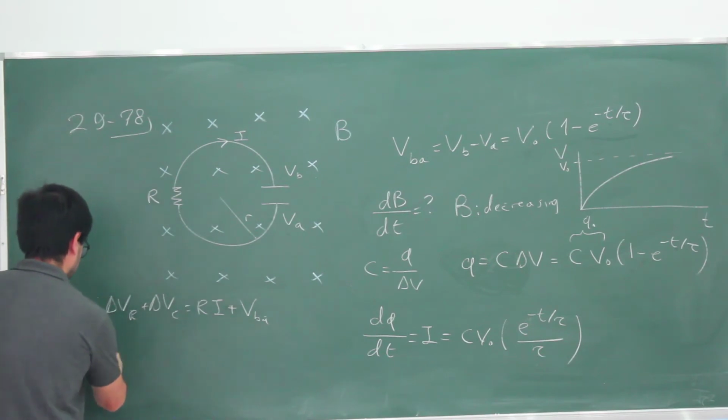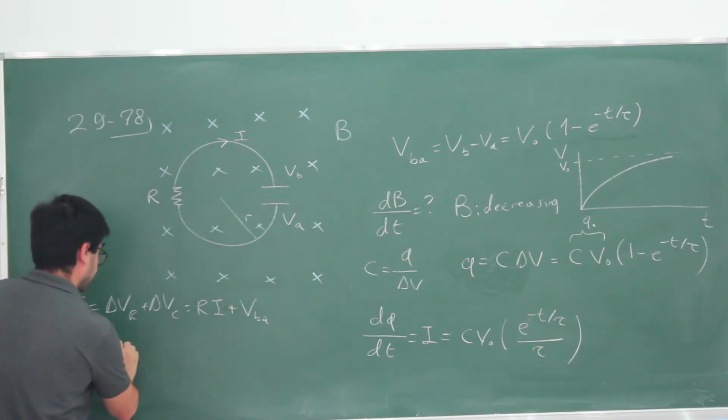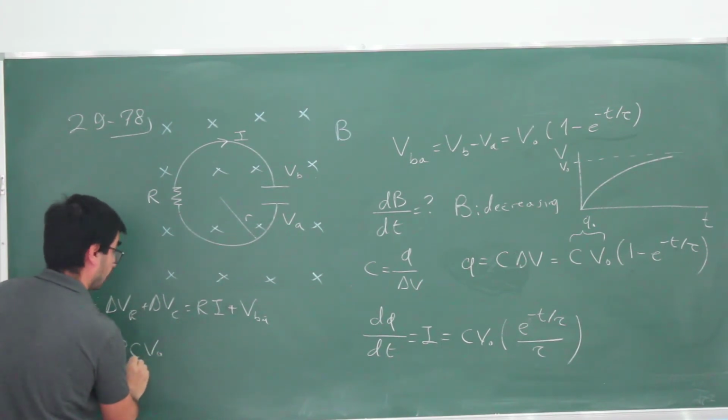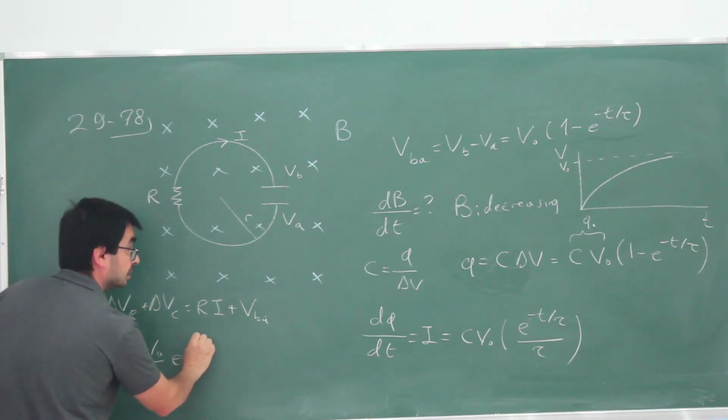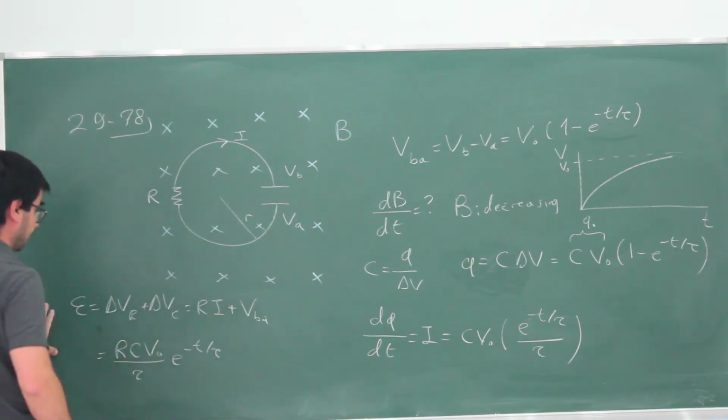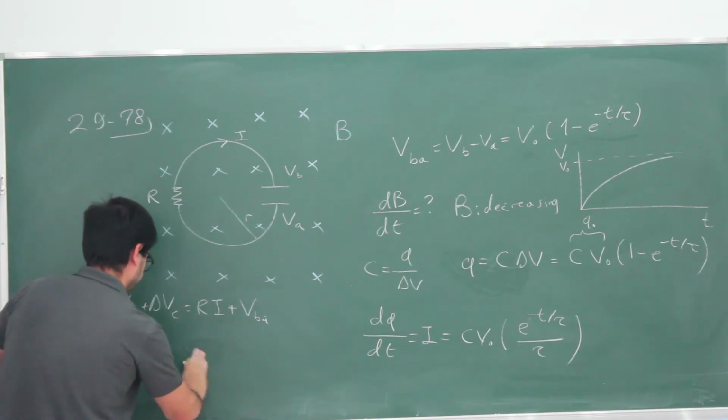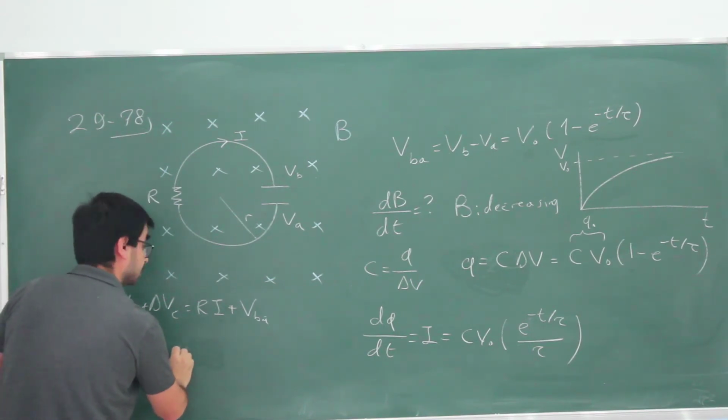So let's write this down. This is going to be RC V0 over tau e to the minus t over tau. This is just R times I. I need also the I here. Oh no, this is already I, sorry.